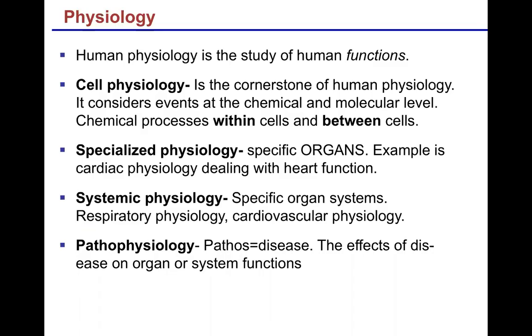Then there is systemic physiology, where we learn about each and every system and the associated functions, for example the skeletal system, muscular system, cardiovascular system, respiratory system, and so forth. And the last is pathophysiology, where the word pathos means disease, and the effects of these diseases on different organs and organ systems is another branch of physiology.